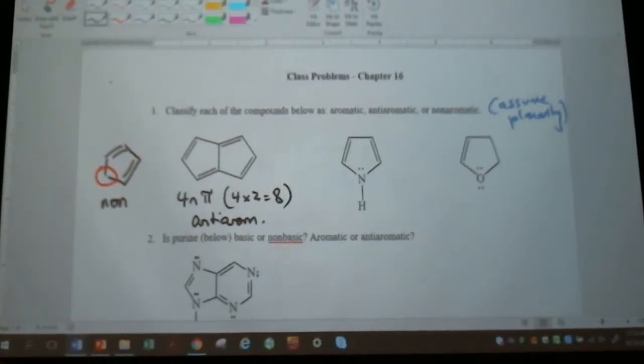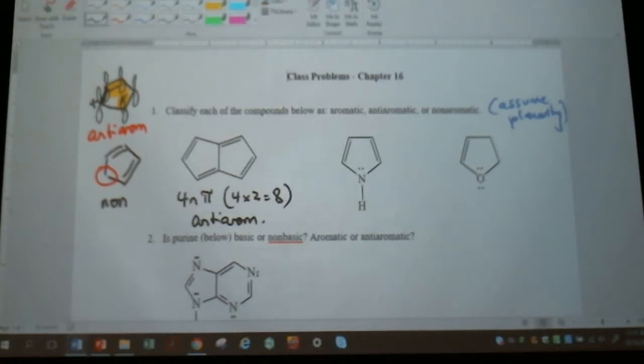Now, if I showed you this, and I asked, is this aromatic, anti-aromatic, or non-aromatic? What would you say? It is anti-aromatic, because now with this positive charge, I have a carbocation, I have a continuous array of p orbitals, but I only have 4 pi electrons. So this would be anti-aromatic.